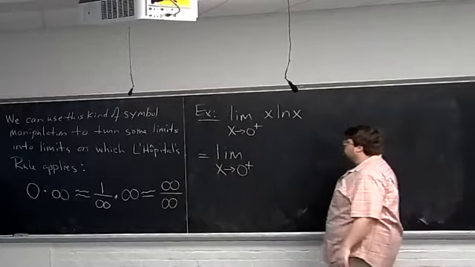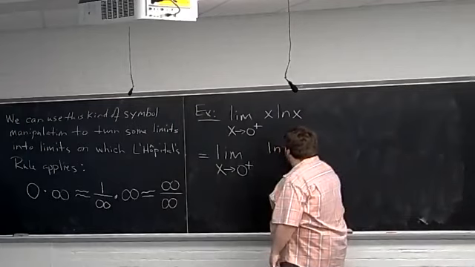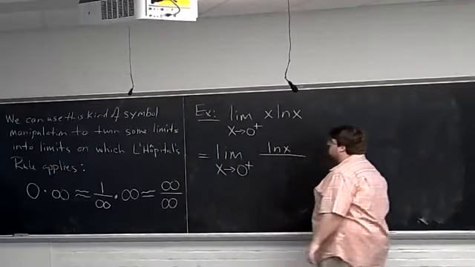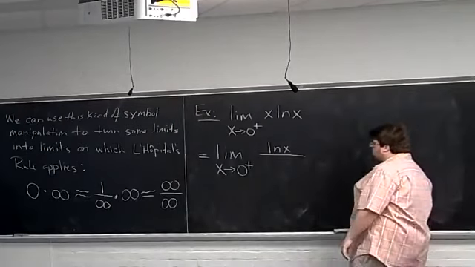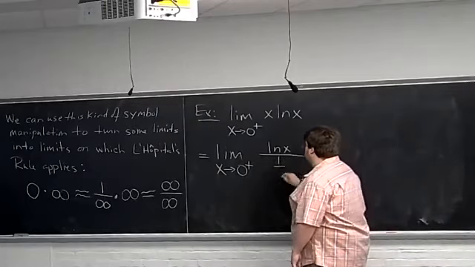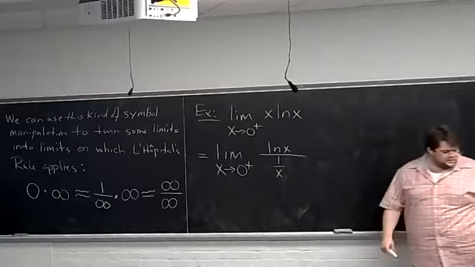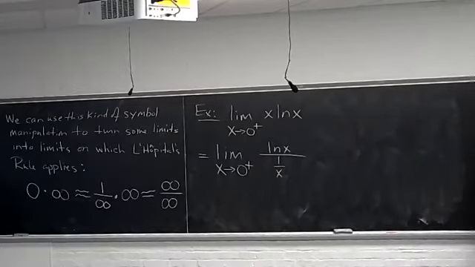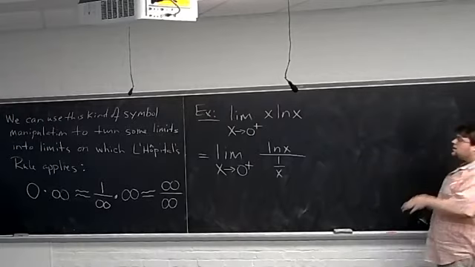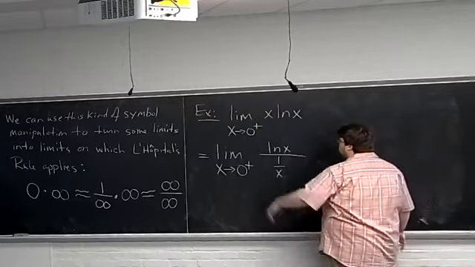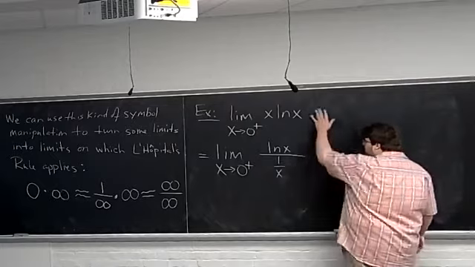Log x, we're going to leave up here, but we're going to put the x in the denominator. How can we do that? An x in the numerator is the same as a 1 over x in the denominator. Now, why is that? Well, I think it's easier to see going from this step backwards.